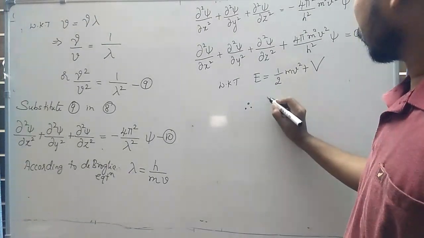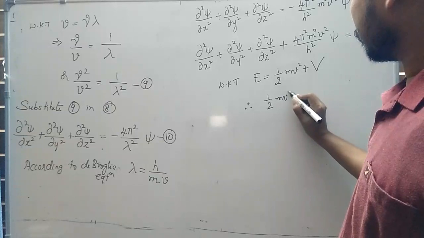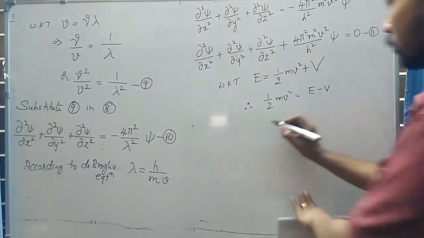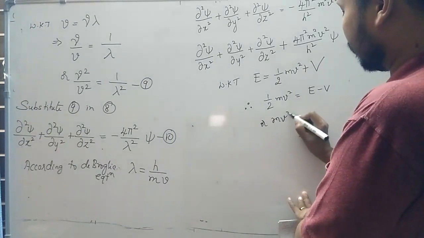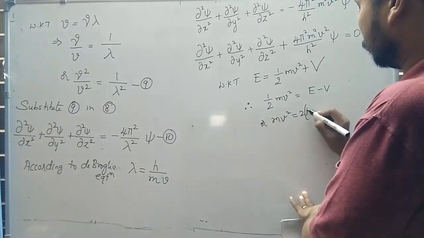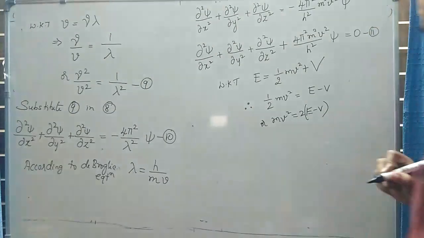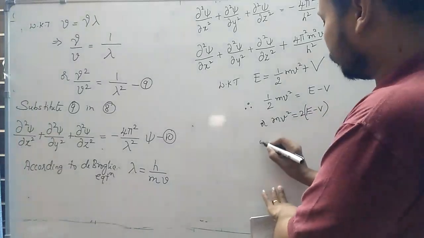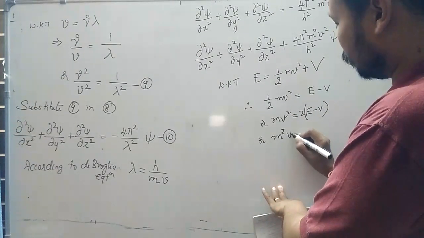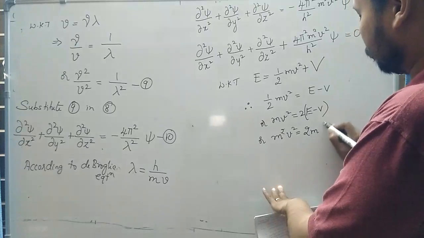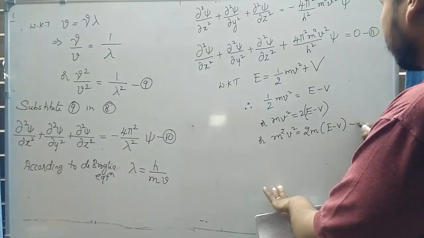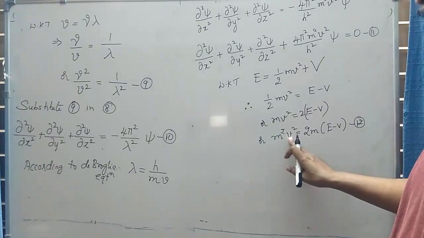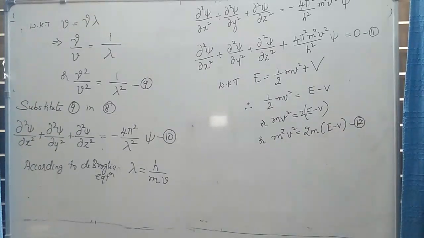Therefore half mv square is equal to E minus V, or mv square is equal to 2 into E minus V. Multiplying by mass m on both sides, we get m square v square is equal to 2m into E minus V.